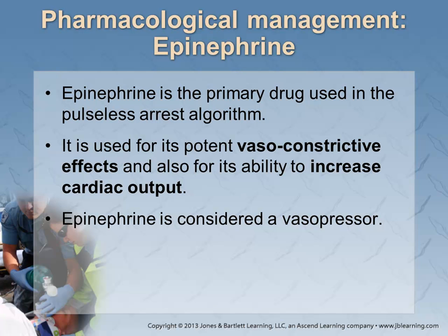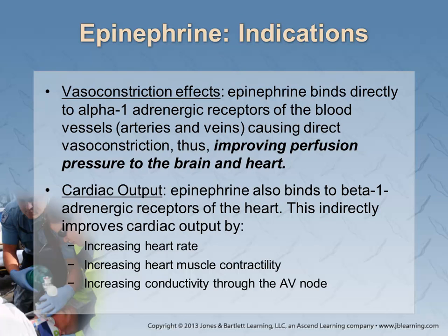It's known for its vasoconstrictive effects and its ability to increase cardiac output. Why does it have the ability to increase cardiac output? Because it speeds the heart up, right? But it also has some contractile effects as well. Epi is considered a vasopressor. It means it presses down on the vessels, constricts them.